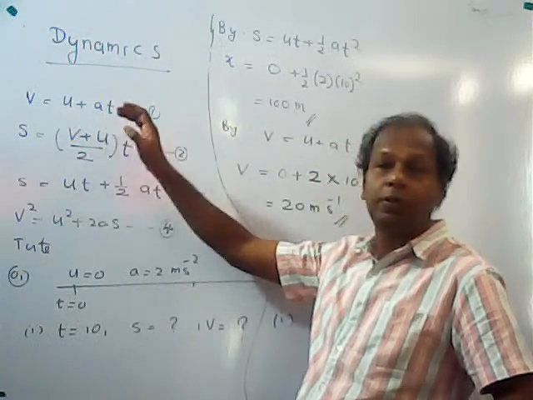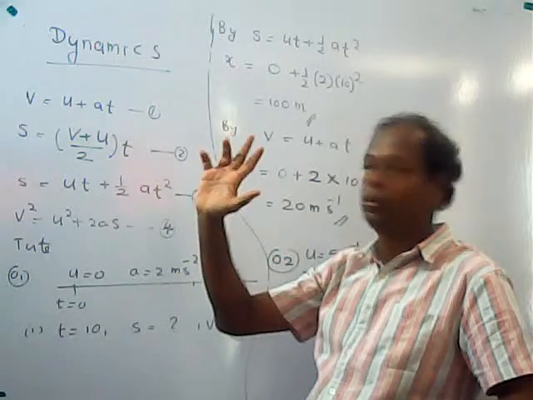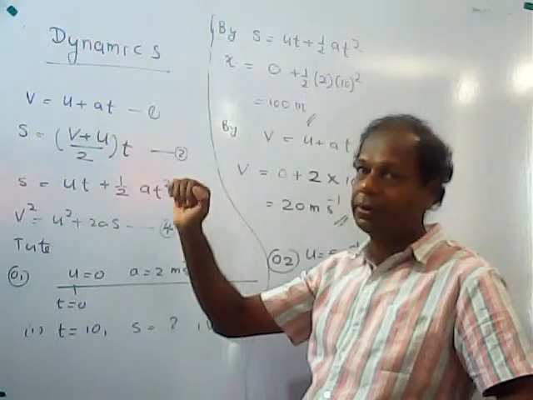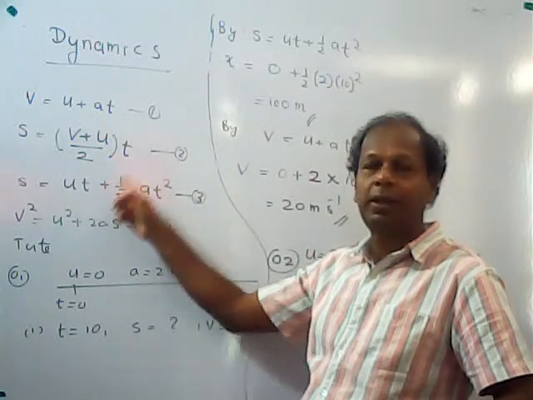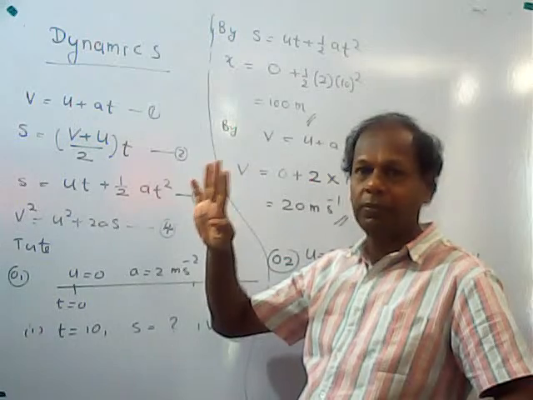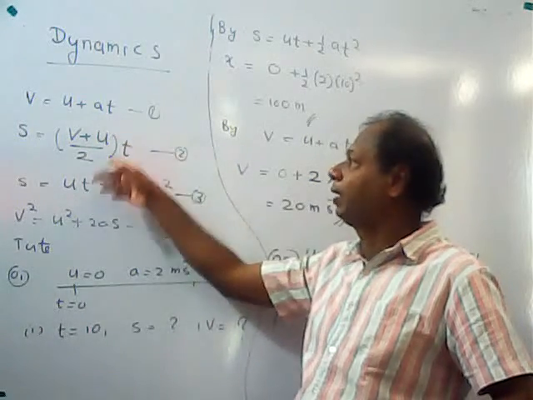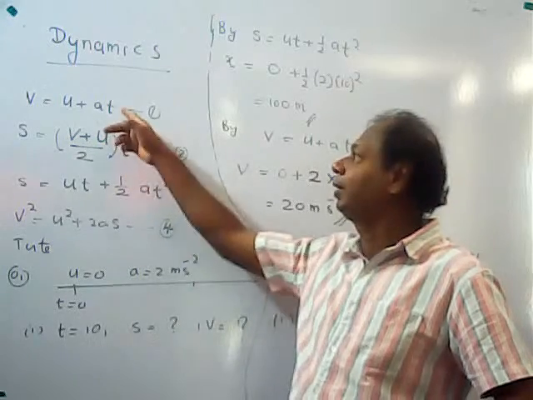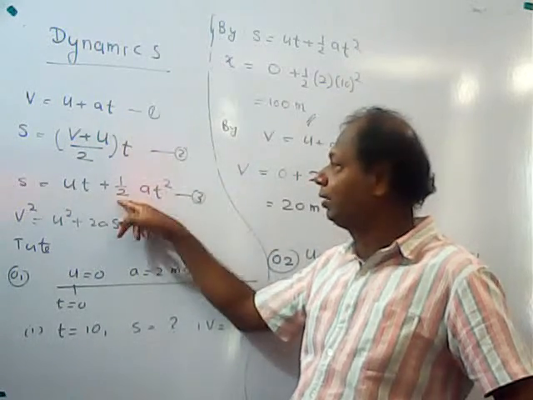Here we have 5 quantities: u, v, a, s and t, right? Each of the formulas contains 4 of them. If you apply any 2 of them and make t the subject, you will get this.